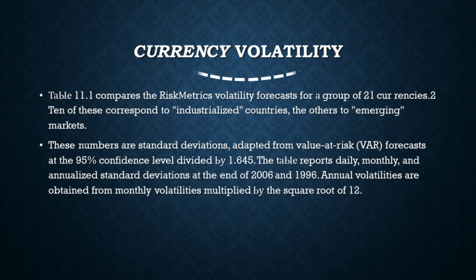Currency volatility. The table compares the RiskMetrics volatility forecast for a group of 21 currencies. 10 of these correspond to industrialized countries, the others to emerging markets. These numbers are standard deviations adapted from value at risk, forecast at the 95% confidence level divided by 1.645.